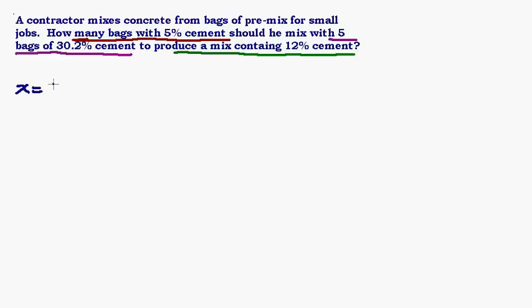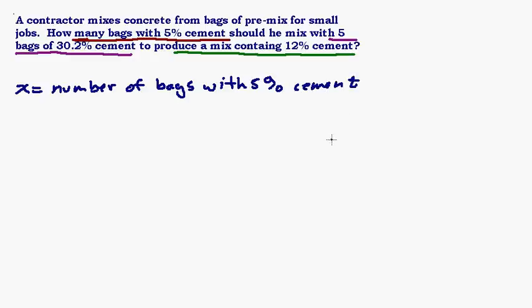So x equals the number of bags that we want to use with 5% cement. How many of these 5% cement bags do we want to use? We don't know that.